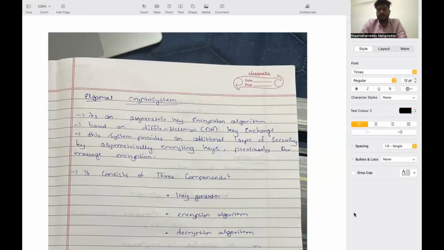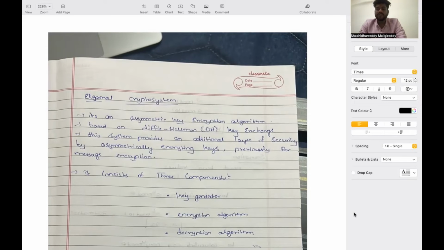Let me explain the ElGamal cryptosystem using an example. By using an example, it will be clearly understood, in an easy way. Normally, the ElGamal cryptosystem is an asymmetric cryptosystem, a key encryption algorithm.